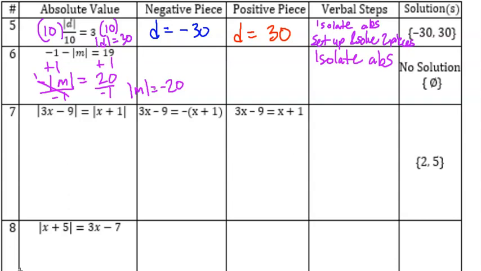Now, the absolute value can never be a negative number, so this is always going to be false. Since it's false, even if you were to solve the negative and positive pieces, those would be extraneous solutions. So there's no real solution, the empty set.